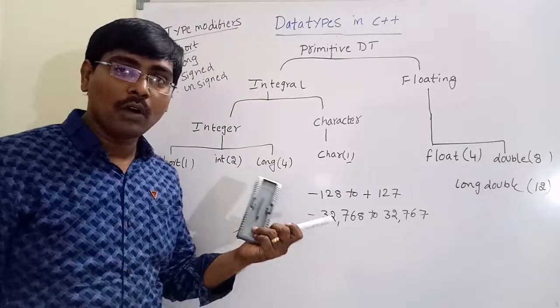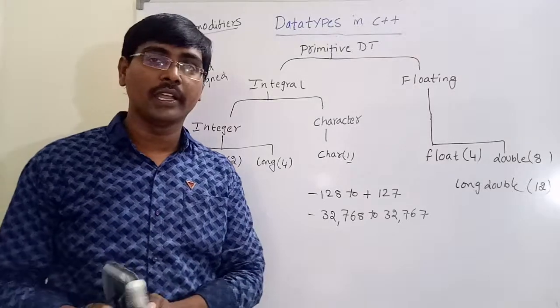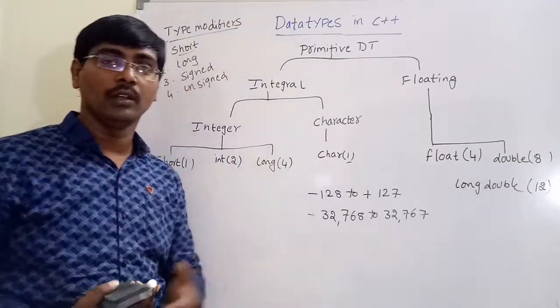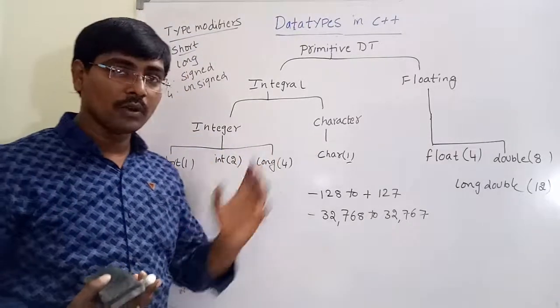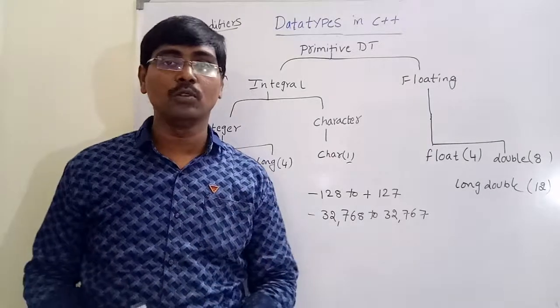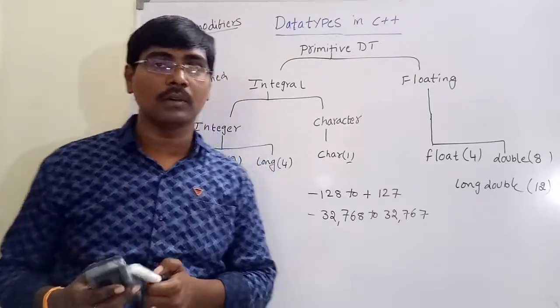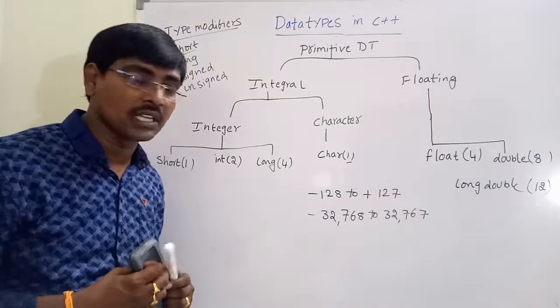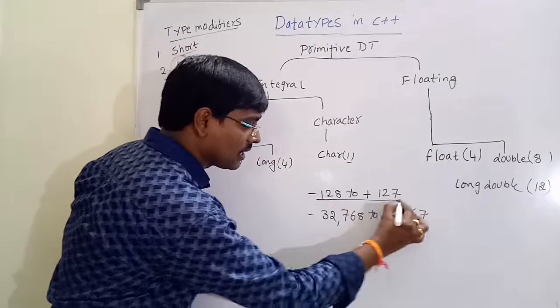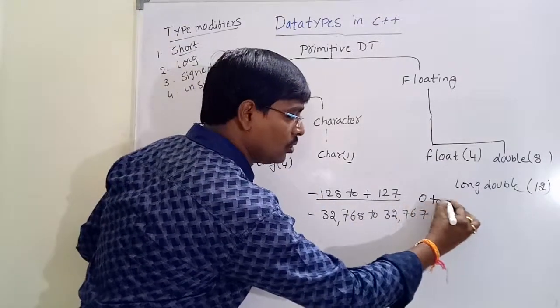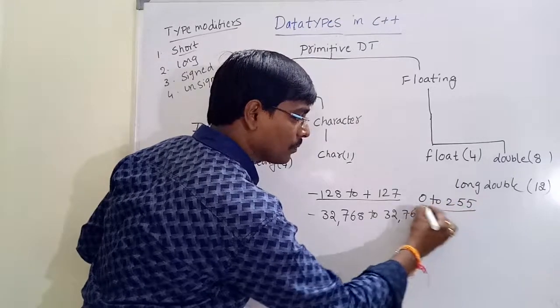If your program wants to use both positive and negative numbers, I am going to signed. Suppose your program's variables only use positive numbers, I am moving to unsigned. For example, the range of unsigned char is 0 to 255.